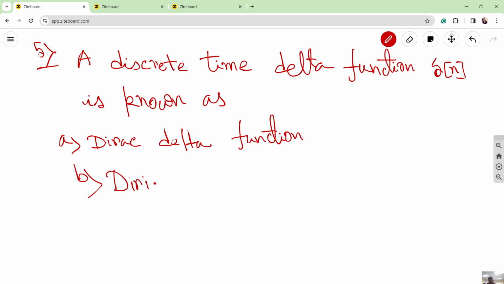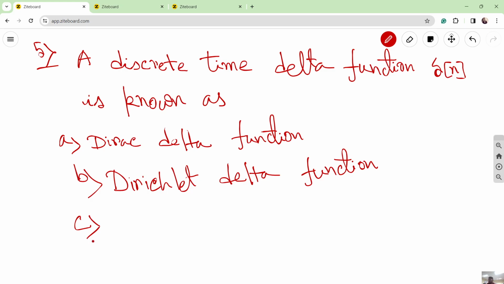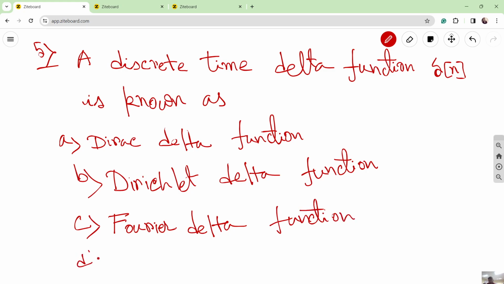Restricted delta function. Fourier delta function. Kronecker delta function.